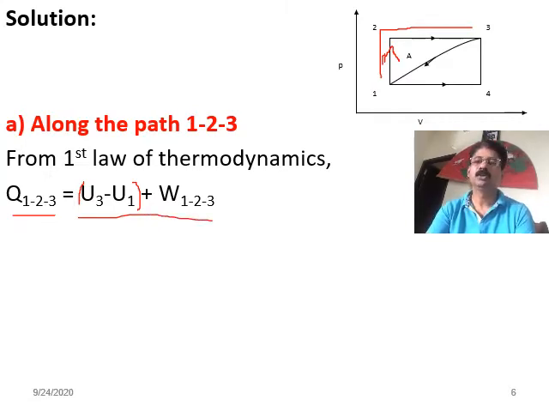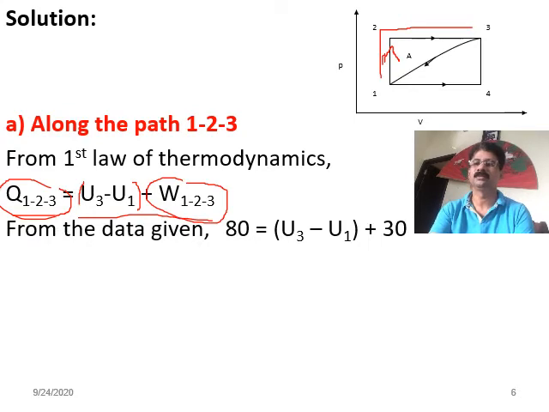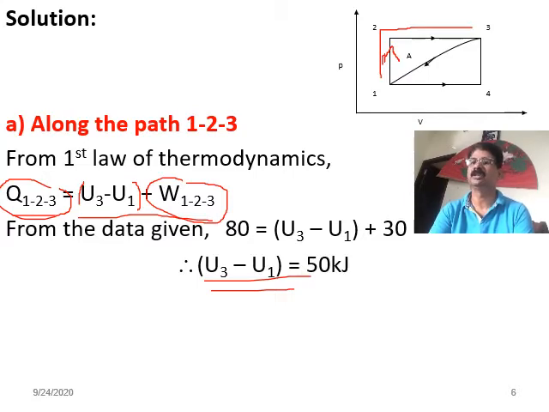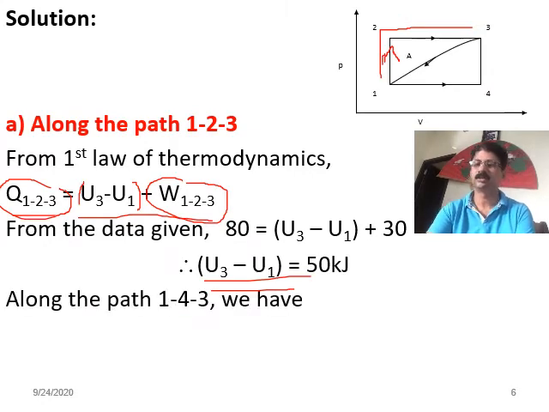Here Q1 to 3 and W1 to 3 are given, so you can calculate U3 minus U1. You will get U3 minus U1 as 50 kilojoules, because Q1 to 3 and W1 to 3 are 80 and 30 respectively. So the internal energy change along the path 1 to 3 is 50 kilojoules.